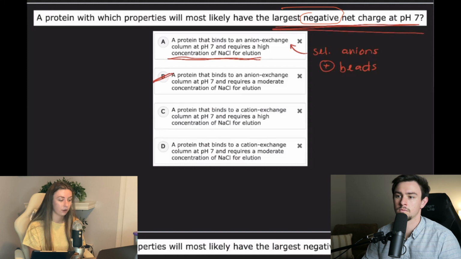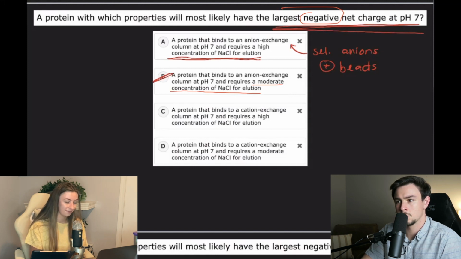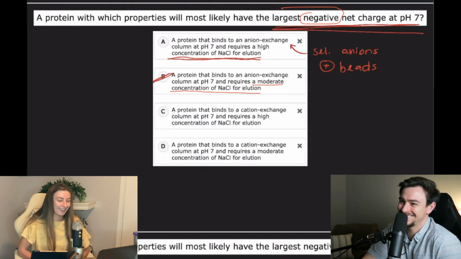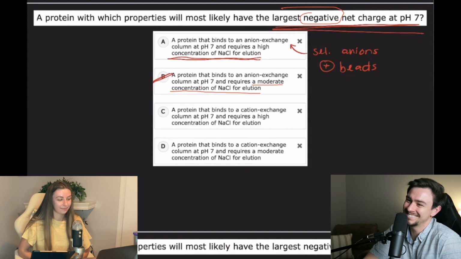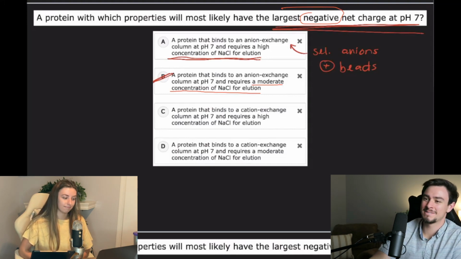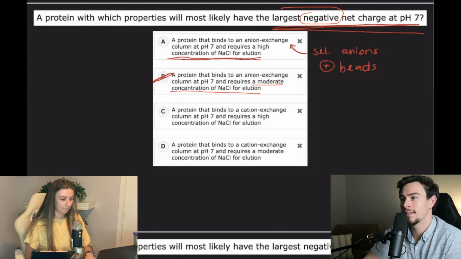So if it only requires a moderate concentration of NaCl for elution relative to a high concentration, that means it's not going to take that much negative charge to push it out because it's not a very negatively charged protein to start with. Okay, I love it.